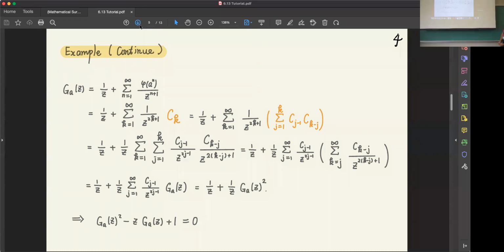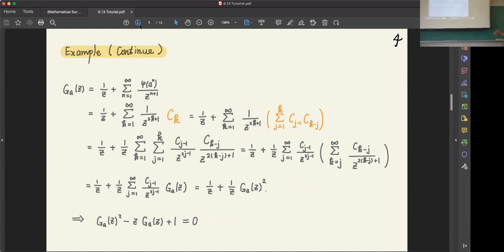Now we can observe here we have two sums. For the 1 over z^{2k+1} term, we just split it into 2 parts, half of them for C_{j-1}, another half for C_{k-j}. Now we do the interchange of the sum for this one to here.